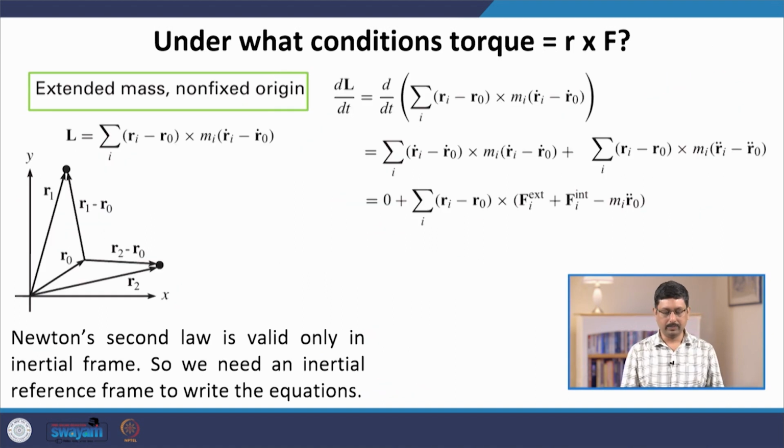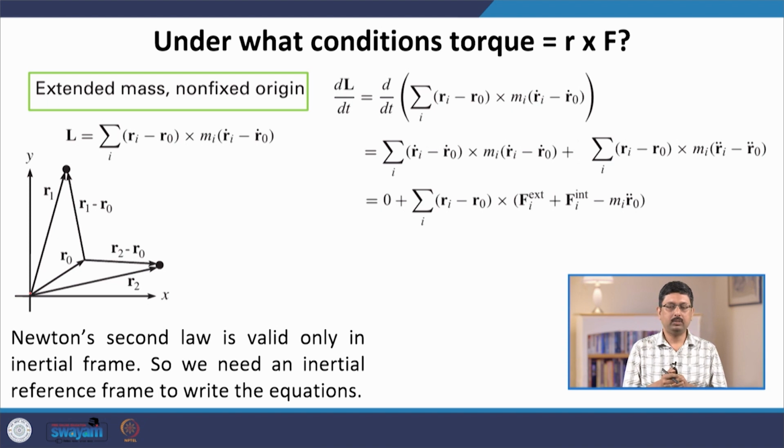But here comes the third case and the most interesting case. In this case, we now consider a frame which is moving. So far, in the two situations that we considered, the frames where our origin was fixed in space are what are called inertial frames.